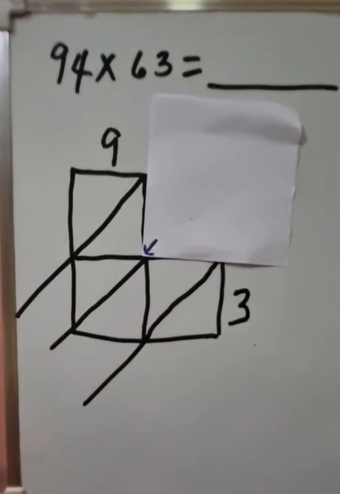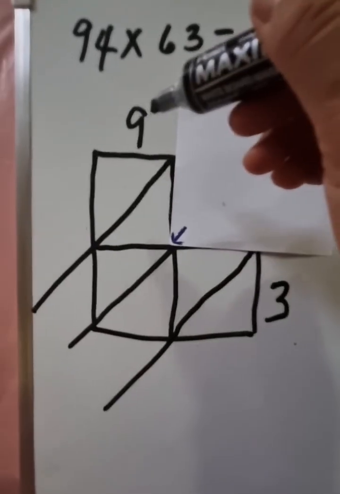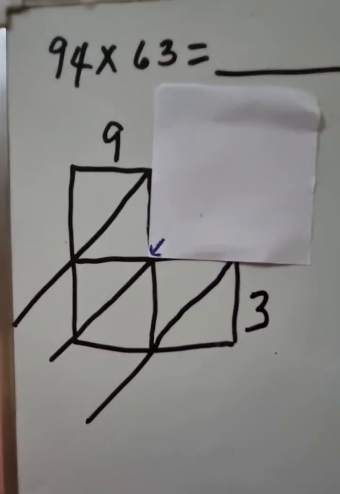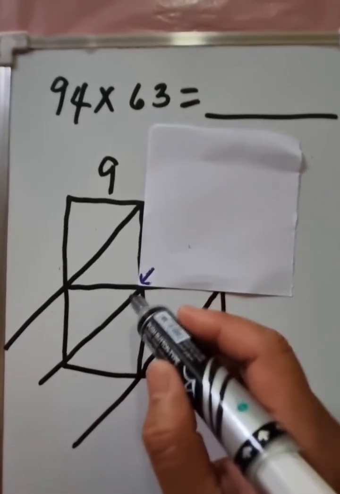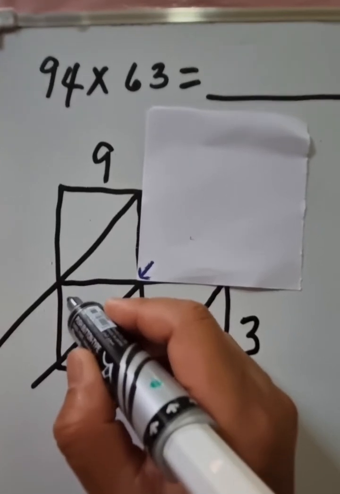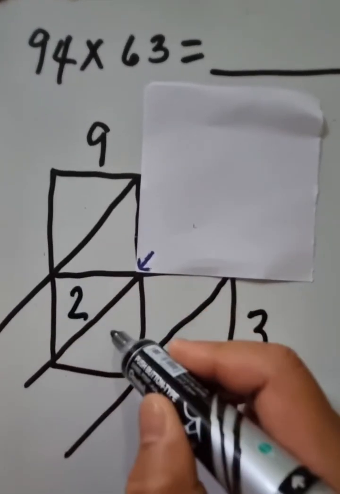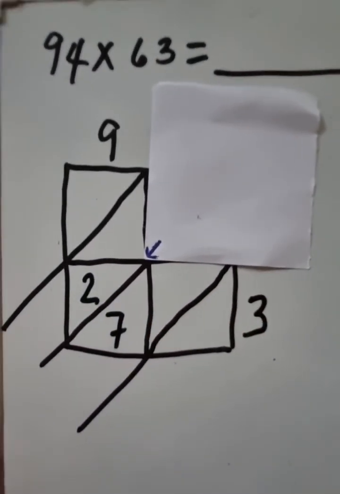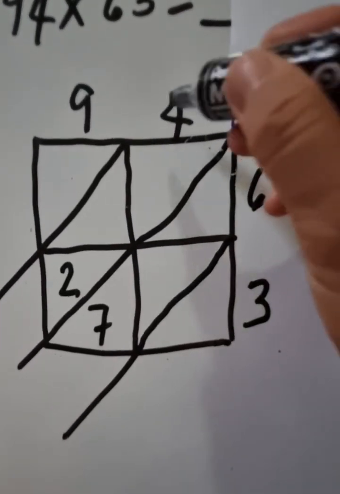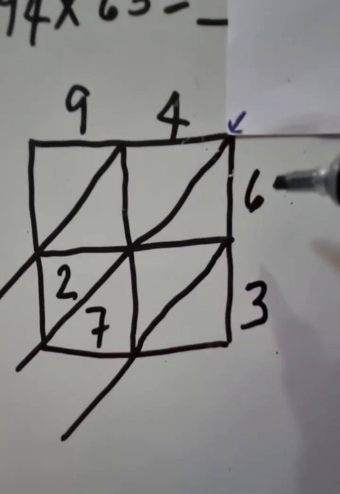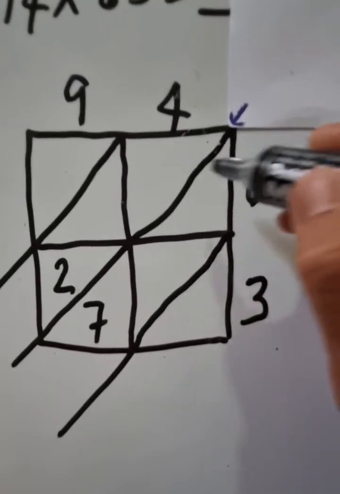So we are multiplying, as you can see here, 9 times 3 is equal to 27. The arrow is pointing in here, so we're going to write it here, 27. Next, we have this arrow, meaning we are multiplying 4 times 6, which is 24.